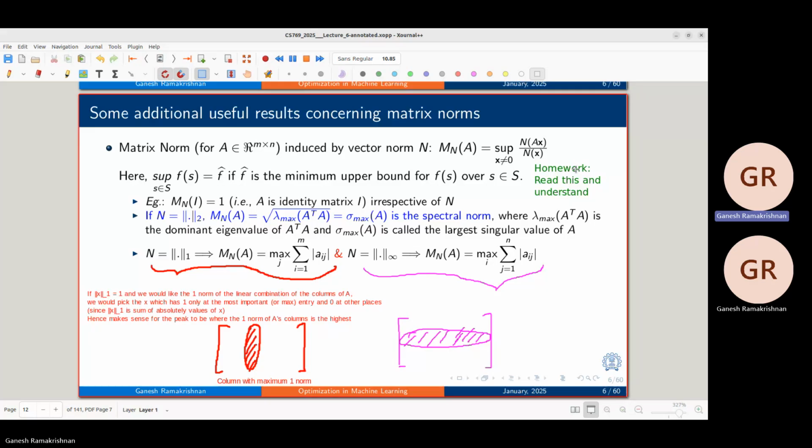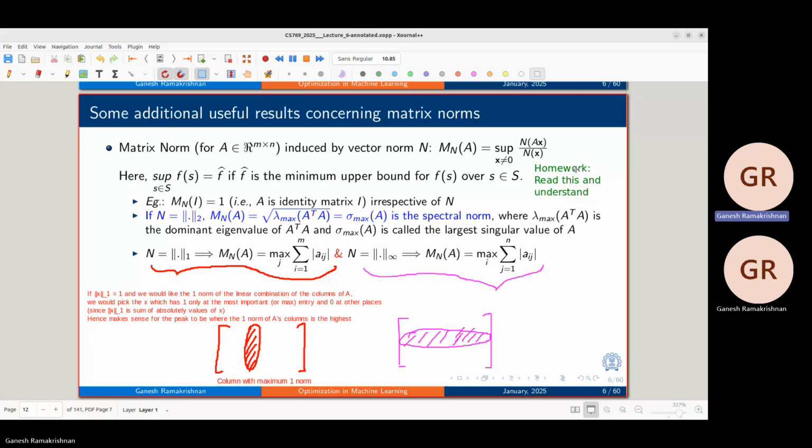Because I want to maximize the one norm of Ax, which is basically maximizing the one norm of the sum of some of the columns of A. So this basically says, if the one norm of x is 1 and we would like the one norm of the linear combination of the columns of A, we would pick that x which has 1 only at the most important or the max entry and 0 at other places.